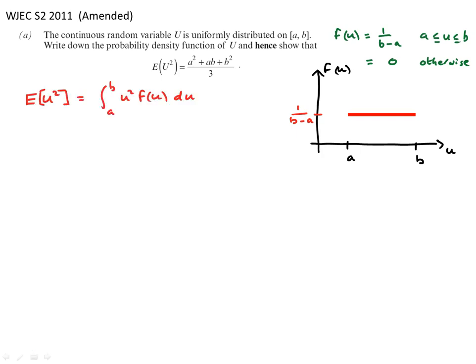Well, we know that the expected value of u squared is the integral of u squared times f of u between the appropriate limits, which in this case are a and b, because the random variable u only takes values between a and b.